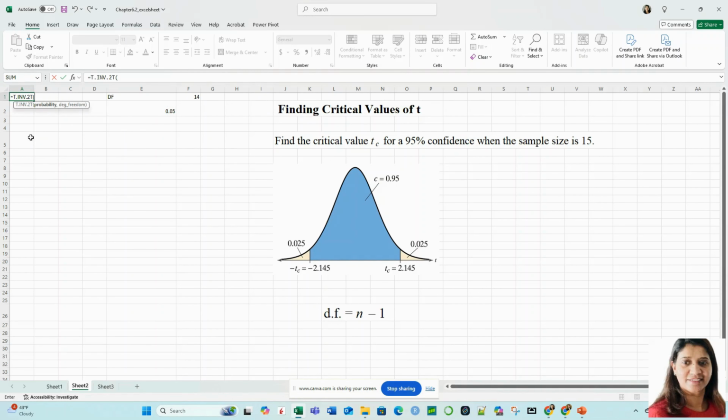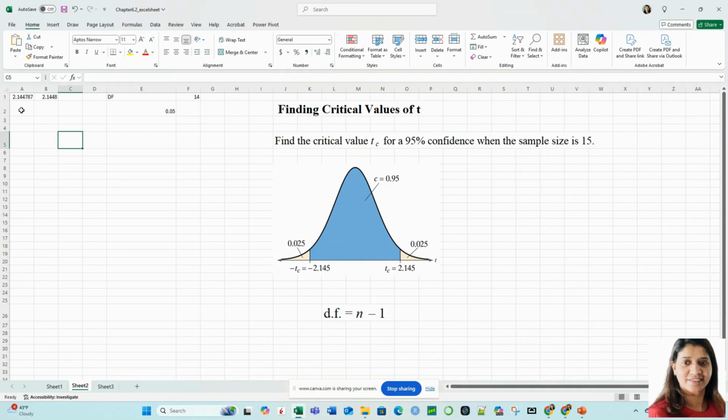So I will click here, probability 0.05, comma, degrees of freedom is 14. Then you will see 2.14787. You can round off this value to 4 decimals, comma 4, and just enter it.